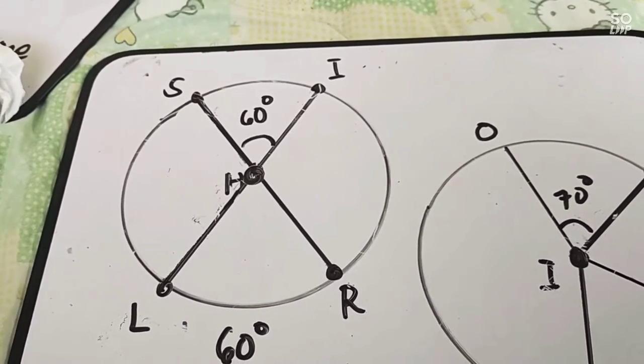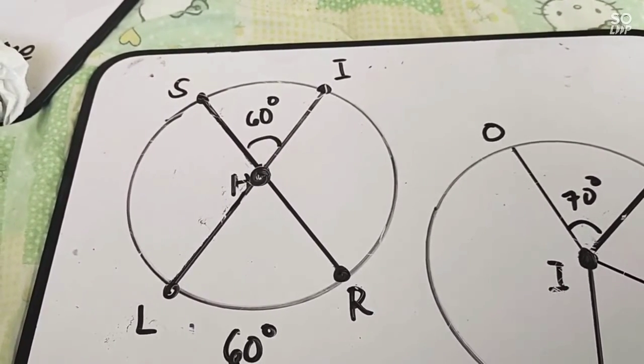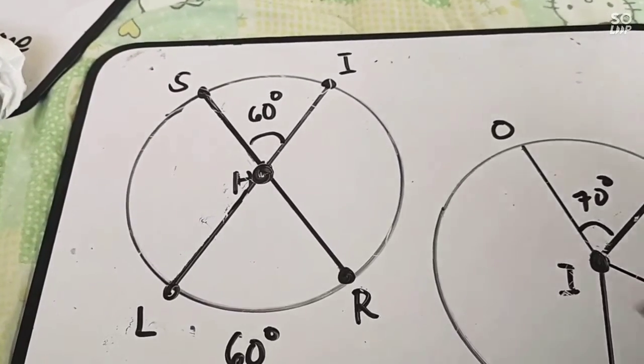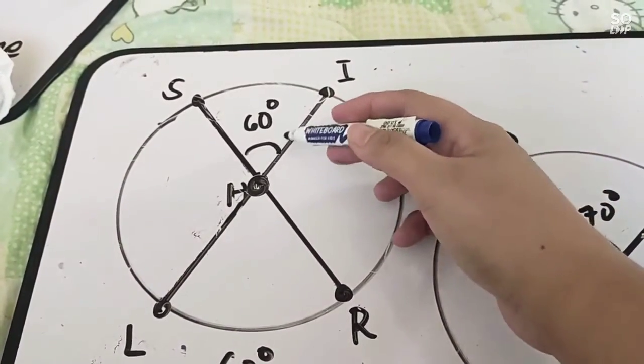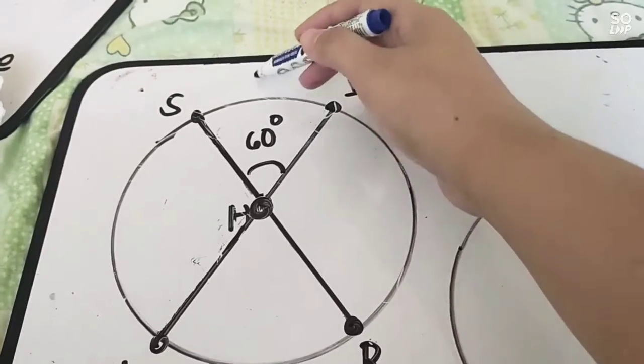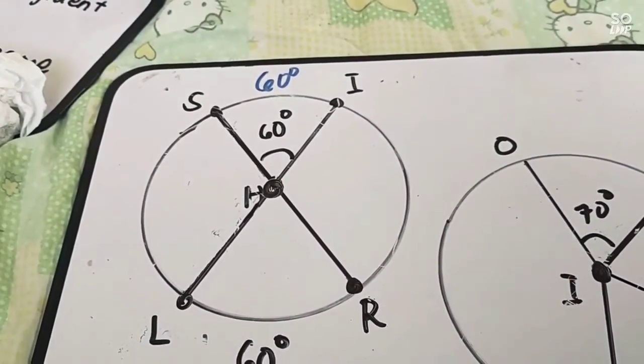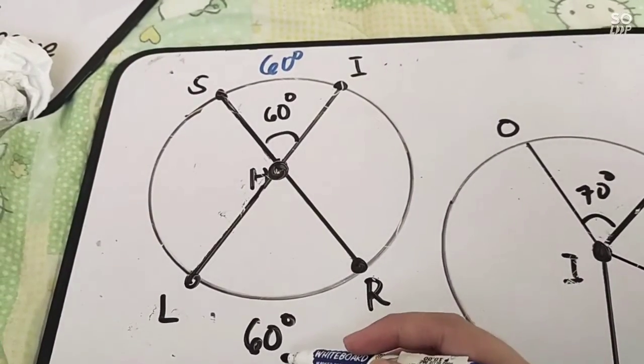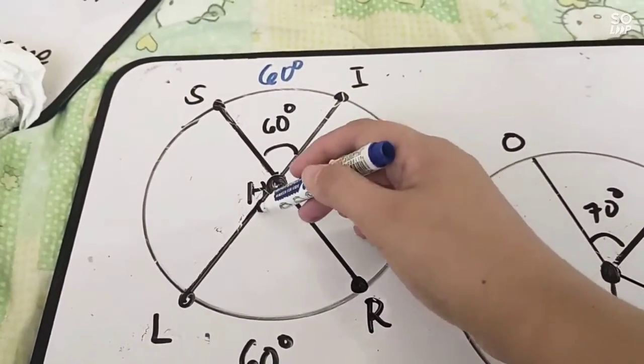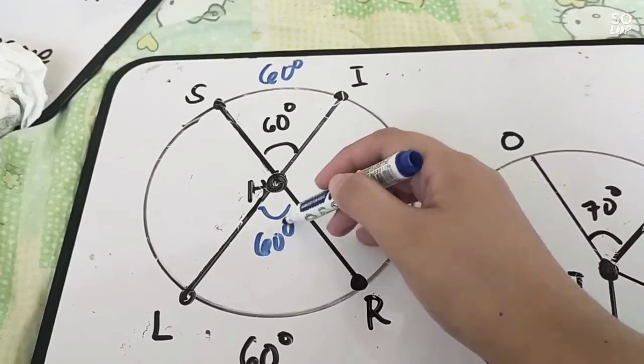According to congruent arcs, arcs would have the same measurement. So, since this one is a central angle, therefore, this arc is also 60 degrees. Okay? Then, since this one is an arc of 60 degrees, therefore, this central angle is also 60 degrees.